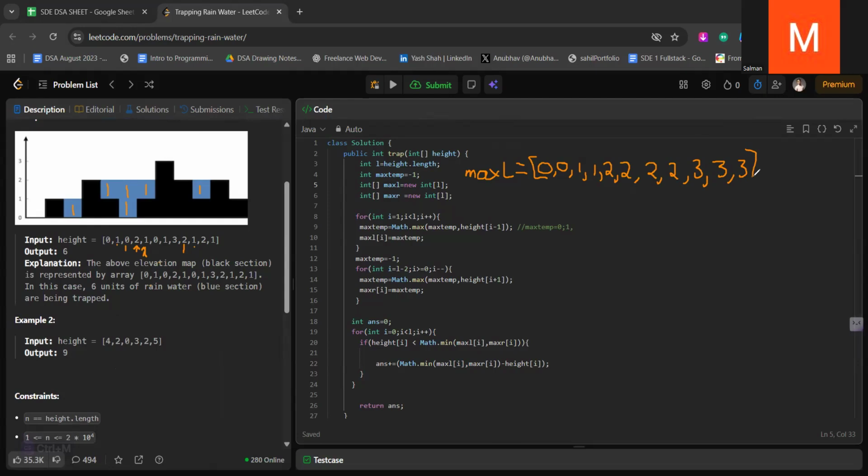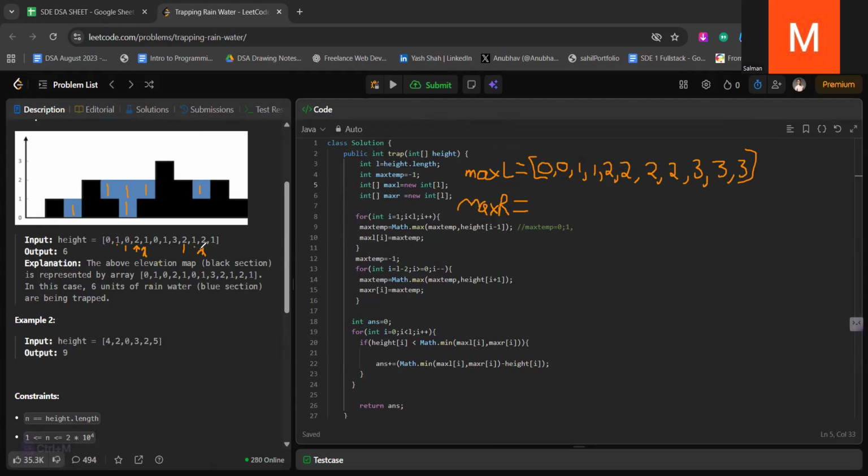Okay. And now let's find the maximum element on the right side of the array. For this case, what I did was I started from the second last index and declared a max temp variable which contained -1.